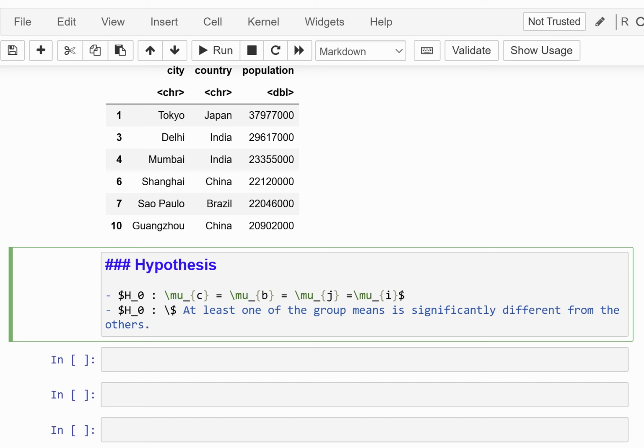We have all these large cities, but the question is, are the cities larger in Japan than they are in Brazil? Are they larger in China than they are in India? Or are they larger in India than they are in Brazil? The answer is we don't know. That's why we're running the test.